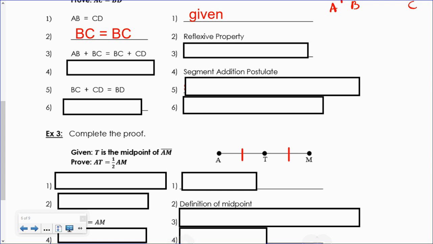All right, then I'm going to say that AB plus BC is equal to BC plus CD. What property lets me go from line 2 and line 1 to create line 3? It's a little more abstract. So getting step 1 and step 2 compared to step 3, what did I do?